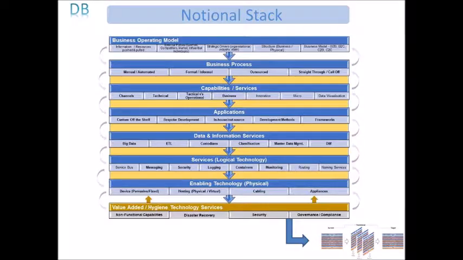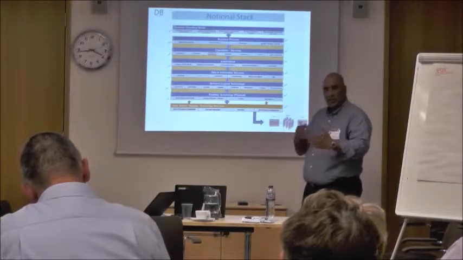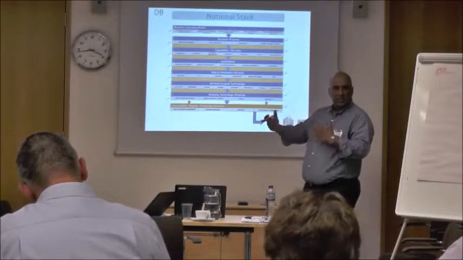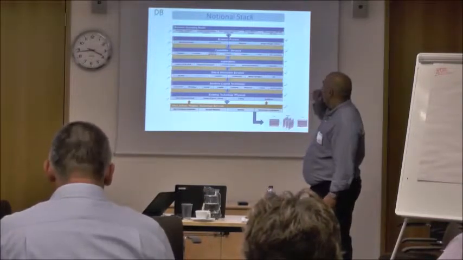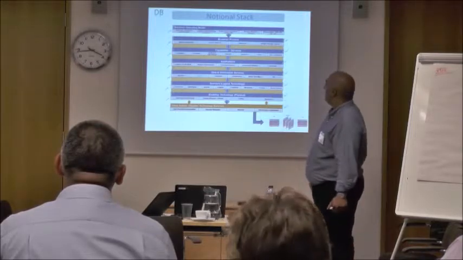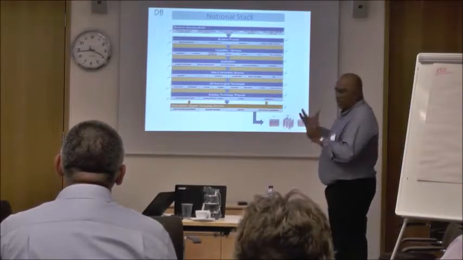On the left hand side, I've also said, well, how do we actually pull resources in and out of the organisation? That affects the business operating model, the strategic drivers, organisational, industry, and then the structure of the business.